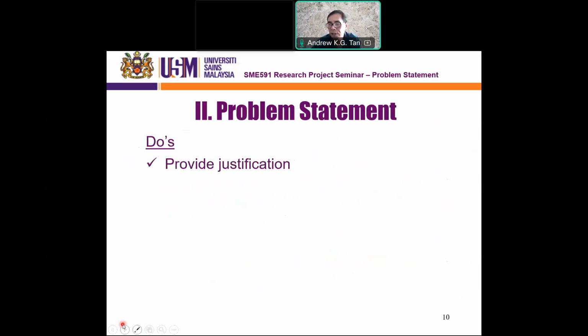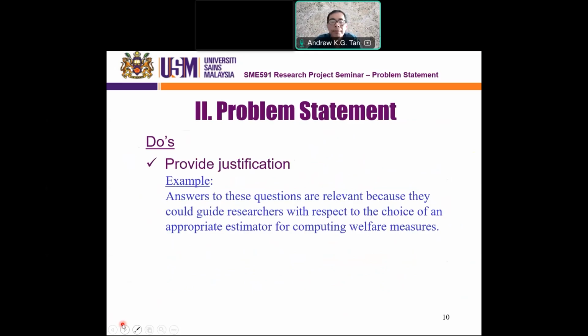Do provide justification in your problem statement. Do provide justification such as: answers to these questions are relevant because they could guide researchers with respect to the choice of an appropriate estimator for computing welfare measures.